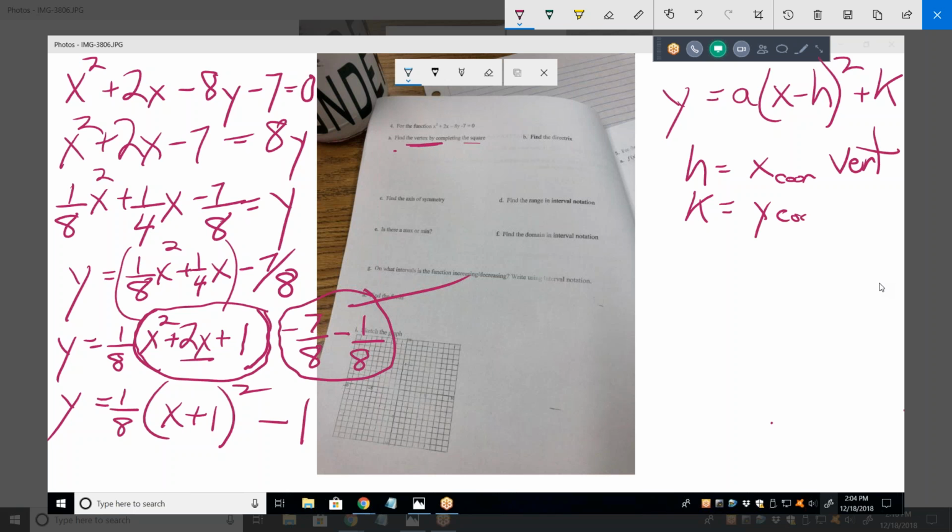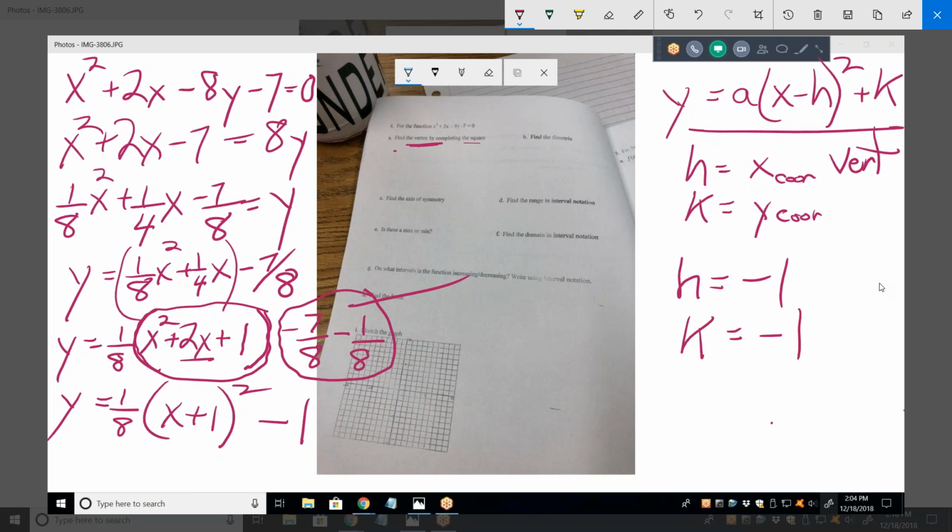Okay. So our vertex is really easy to find once you get it in vertex format. Well, we got it in vertex format. What's H for our equation? Remember, it says x minus H is the format. So -1. Ah, very good. And what is K? -1. Very good. So, that's the answer.